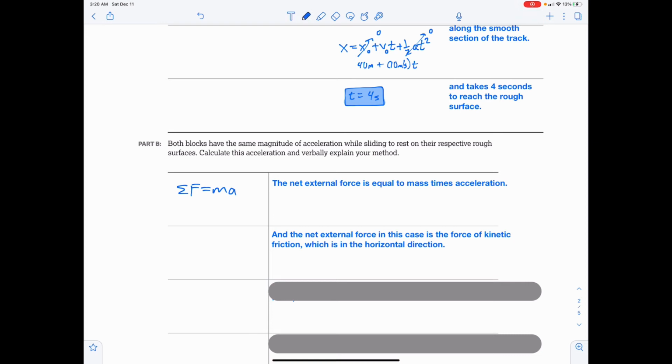This particular net force will be friction. Friction is what's going to slow down the object, basically. So when both blocks are on their rough surface, friction is going to be the thing that reduces their speeds. So friction is the reason for acceleration. So your net force is going to be friction, and that's going to be equal to ma.